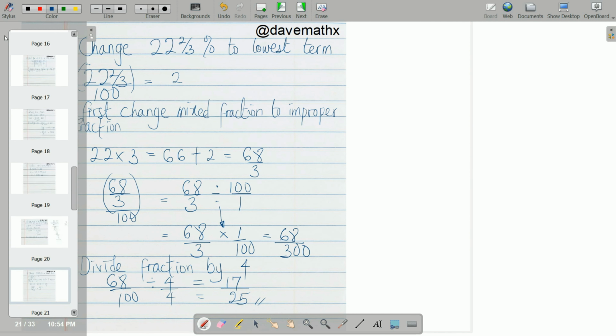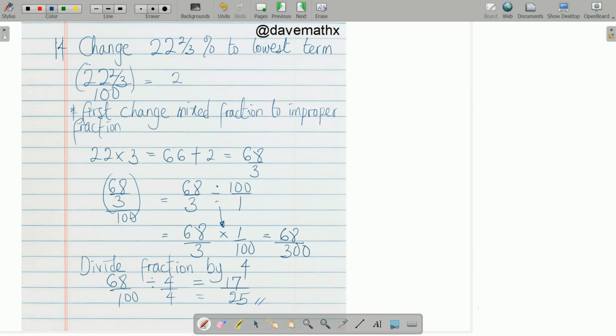Oh, I simply made a mistake. Not 68 over 100, but 68 over 300. After dividing 68 over 300 by 4, we arrive at the answer.